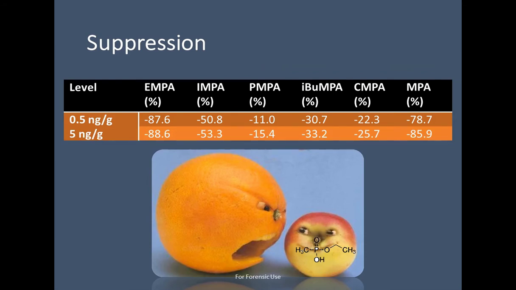If we look at a sample of 0.5 nanograms per gram of each of these analytes and 5 nanograms per gram, we can observe about 80% ion suppression for EMPA, which is our earliest eluting compound, versus about 11% ion suppression for PMPA, which is our latest eluting species. So it's generally related to elution order, and it's generally related to that citrate background that's causing this ion suppression. Now, there's almost no way to get rid of all the citrate without precipitating out our ions of interest because of their propensity to have the same kind of chemistry involved in precipitation.